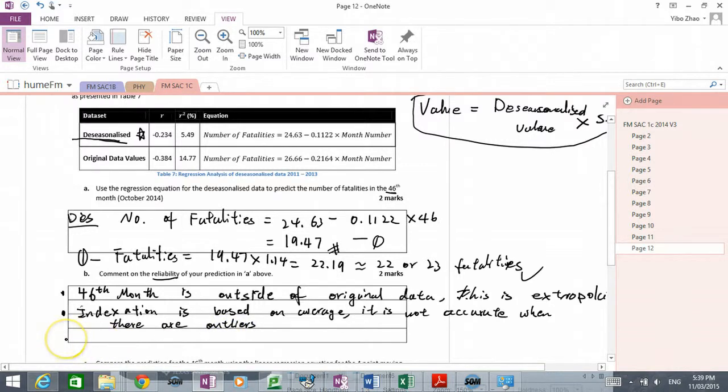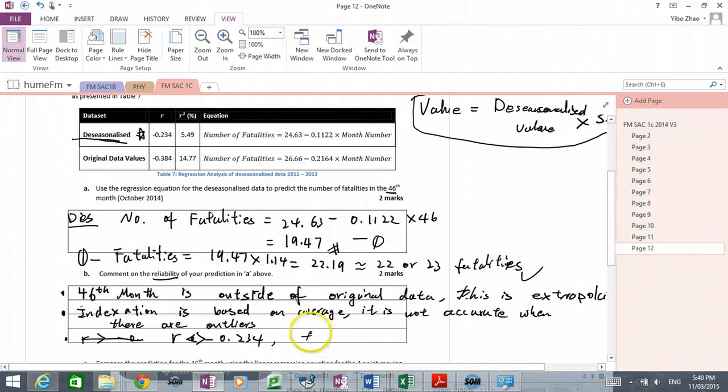Also, we need to talk about the correlation coefficient, the R value. The R value is more than minus 0.234, so this is not accurate.